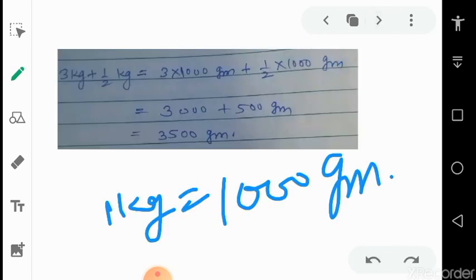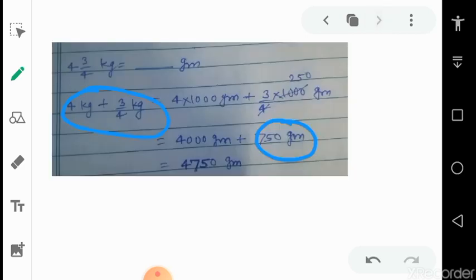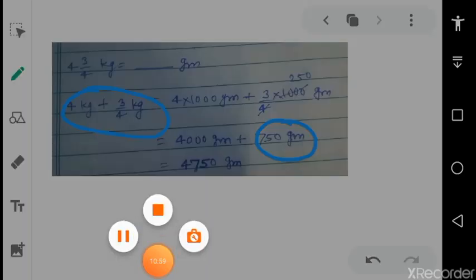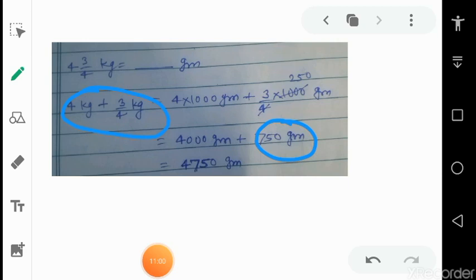Here the last example, 4 and 3 by 4 kg, we are converting into gram. Now what to do exactly is to divide the mixed fraction into two parts. First is the whole number. Always a mixed fraction is divided in this way.